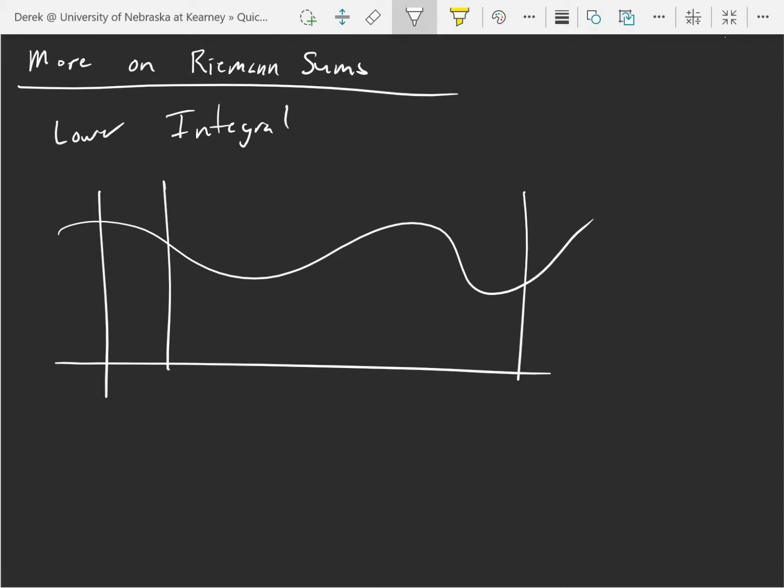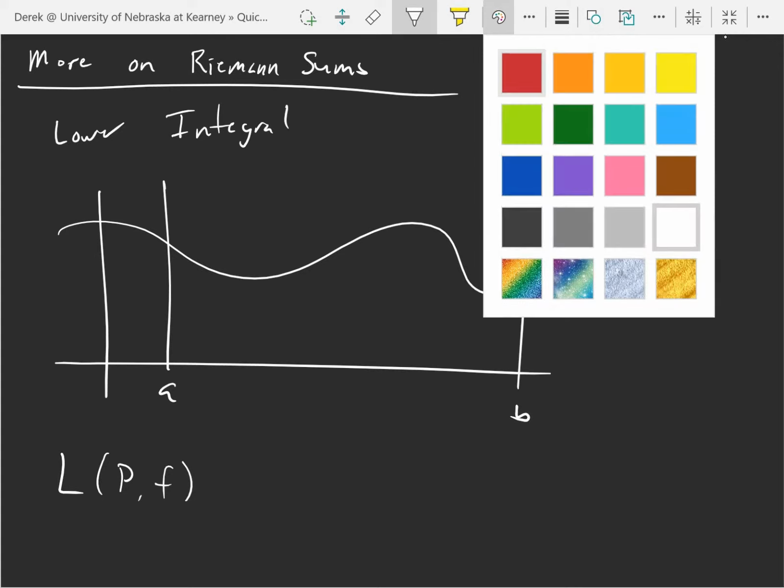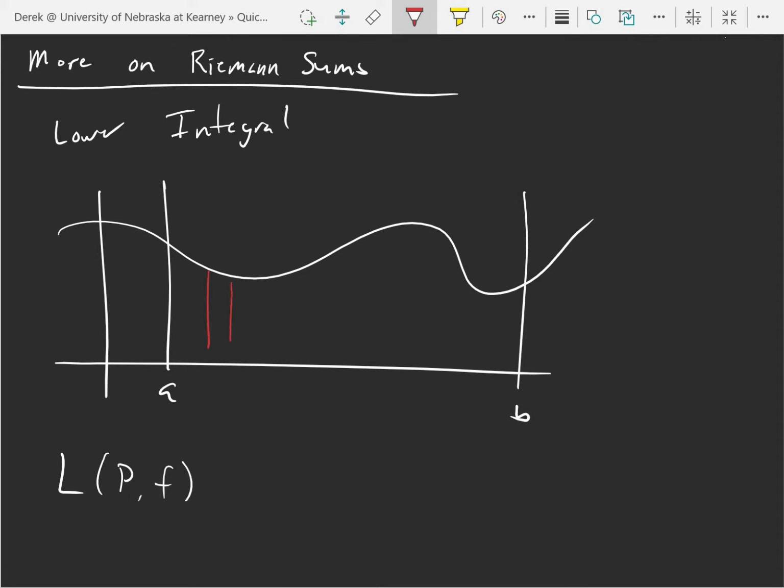if I want the sum here from a to b, L of a certain partition of f on [a, b], I break this into rectangles. It doesn't matter necessarily how wide or close together these things are.